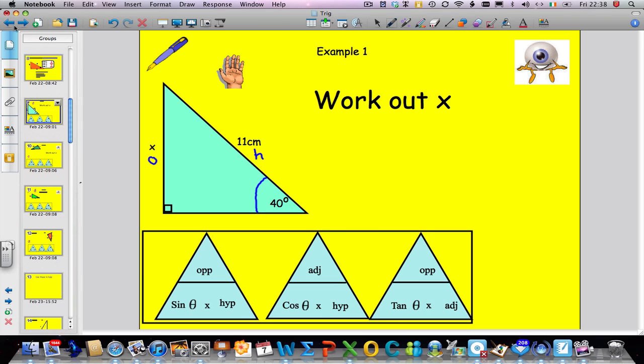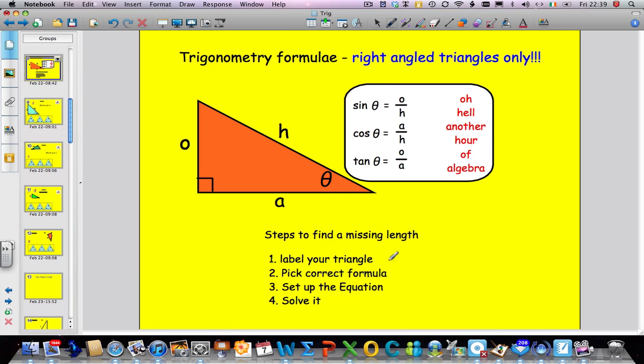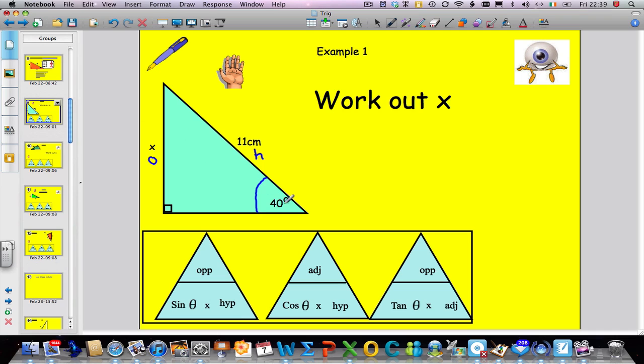Let's go back and make sure we've checked off step one, which is to label our triangle. Next, we have to pick a formula. Which formula involves the opposite and the hypotenuse? Looking through these, it's this one. This is the formula I'm concerned with because it has opposite and hypotenuse in it. Neither of these two formulas has opposite and hypotenuse, so I'm going to use this sine formula.